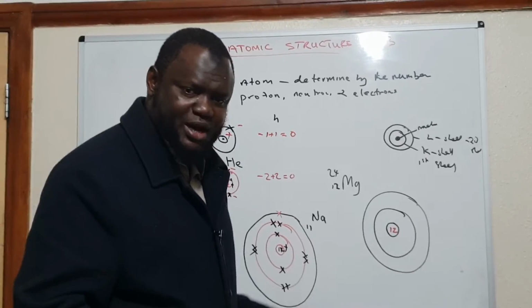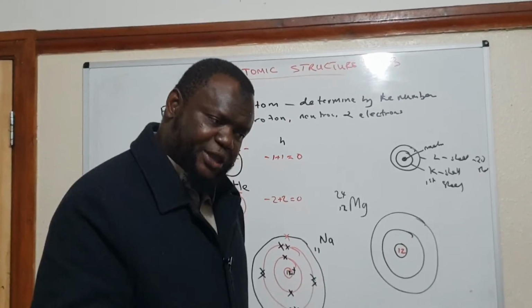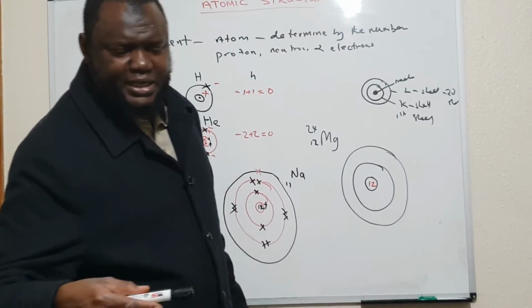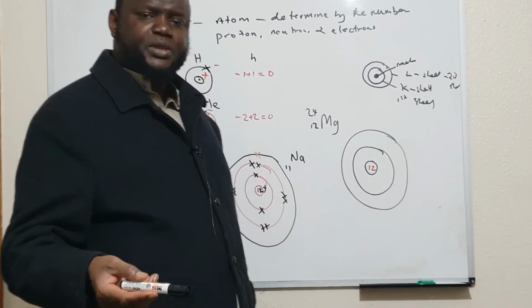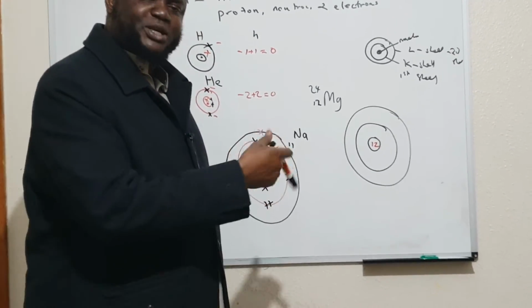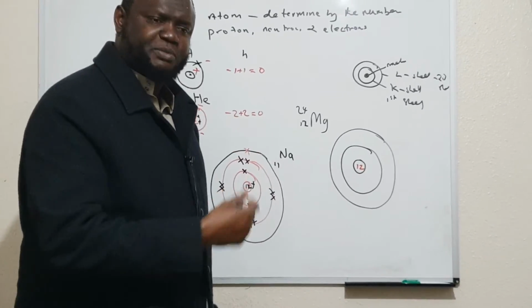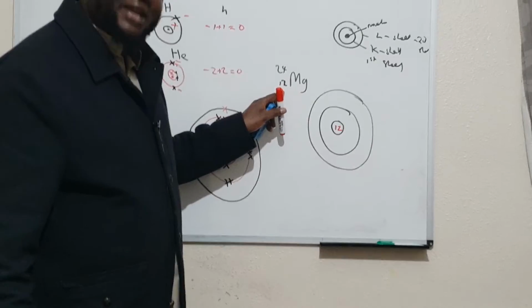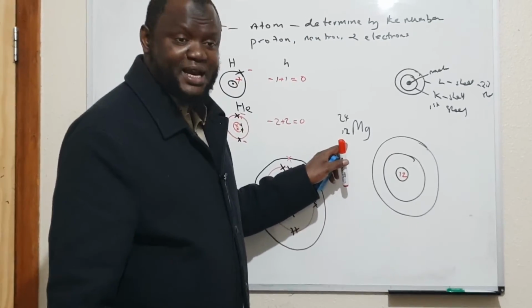All these elements have been discovered by somebody. And the atomic number, when you do some research using a mass spectrometer, there's an instrument called mass spectrometer. When you do A level, you will learn about mass spectrometer. You learn that the atomic number is 250. That will be a heavy metal in it.